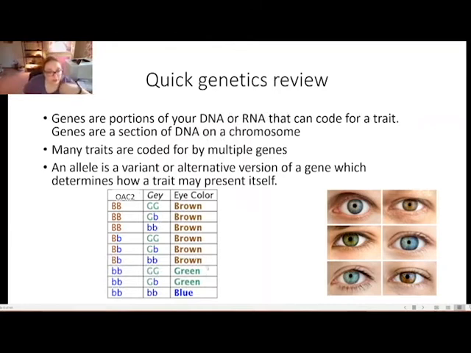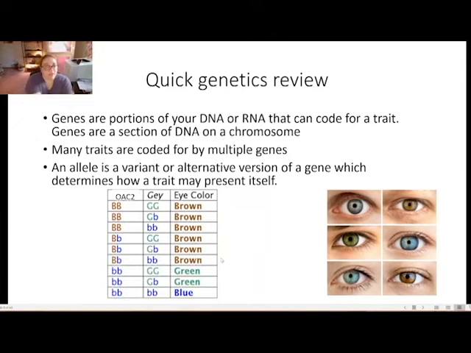Now it's important to note that we have uppercase and lowercase letters here. The uppercase letters are the dominant alleles, so if they are ever present, they are going to be what is shown over the recessive allele. So here we have big B, little b, and even though there's a blue allele there, we're getting brown eyes because B is dominant.